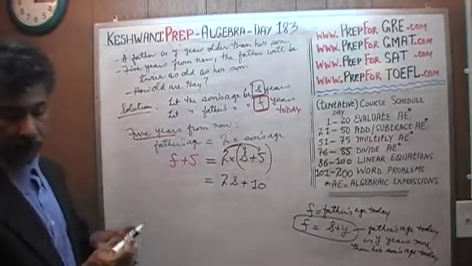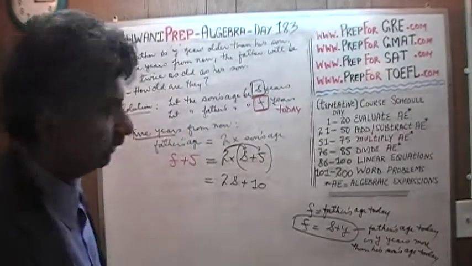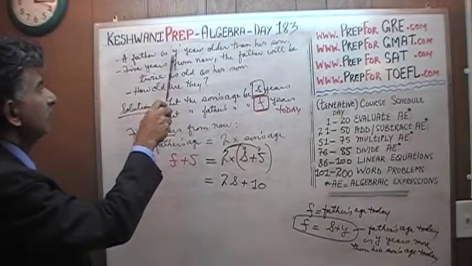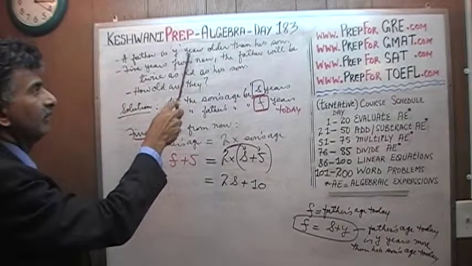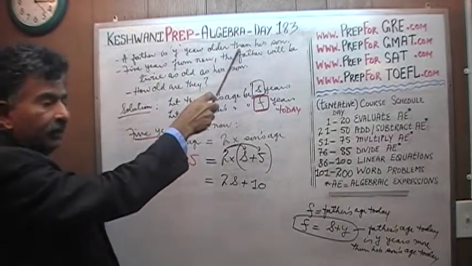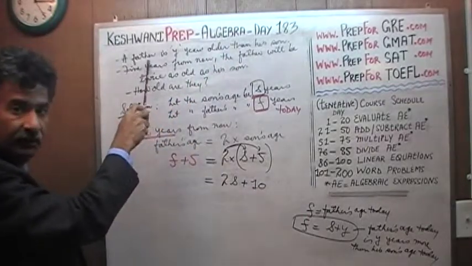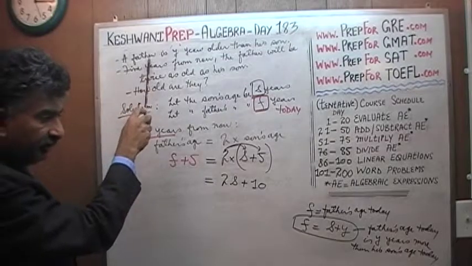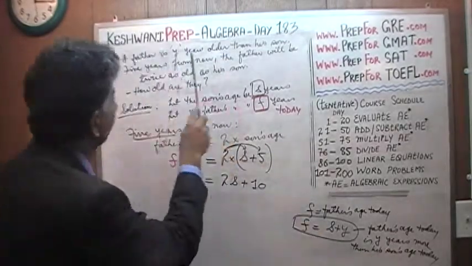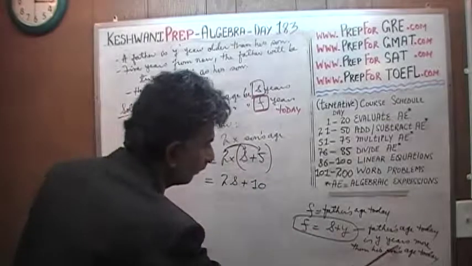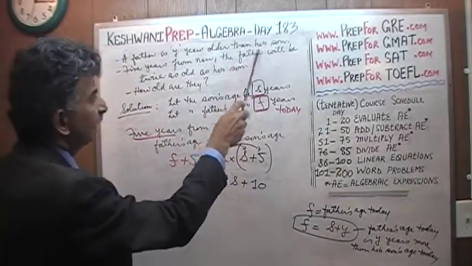Which is exactly what we were told in the question. We were told that father is Y years older than son. If father is Y years older than son, then father's age must be Y years more than his son's age today.